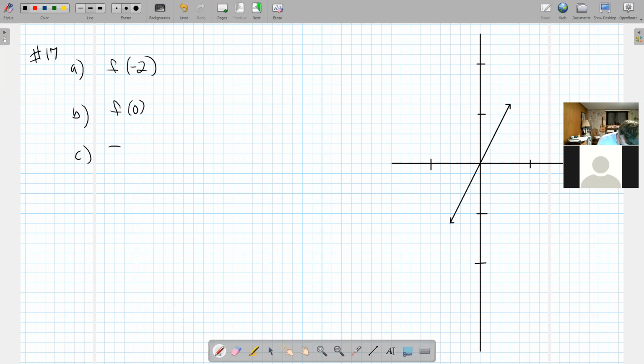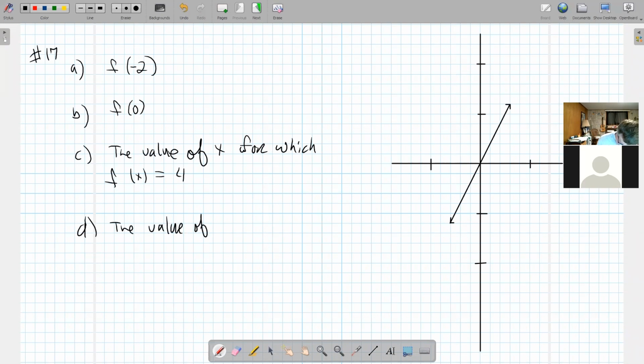Part C says the value of x for which f of x equals 4. And part D says the value of x for which f of x equals negative 2. So what we're going to be doing now is similar to what you did the last couple of days, only instead of having an actual function given, we're having a graph of a function given.